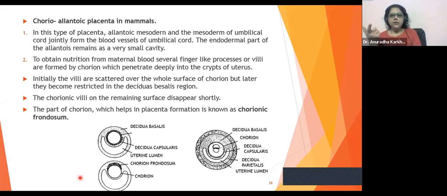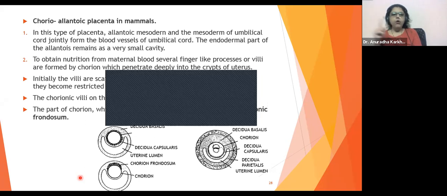The endodermal part of the allantois remains as a very small cavity. This allantois is also going to have ectoderm, mesoderm, and endoderm, all three layers. But they are saying the endoderm remains as a small cavity.